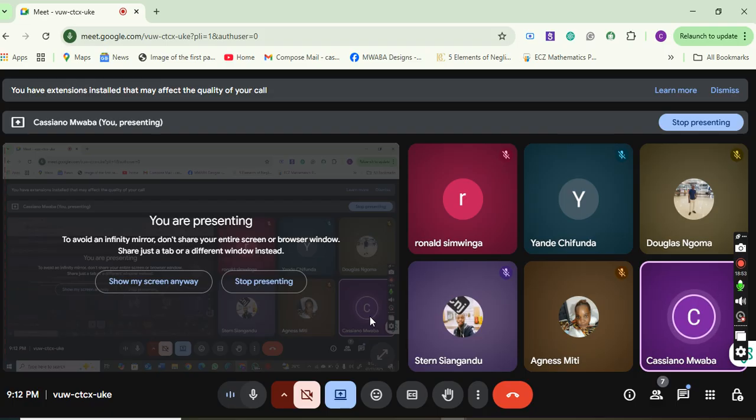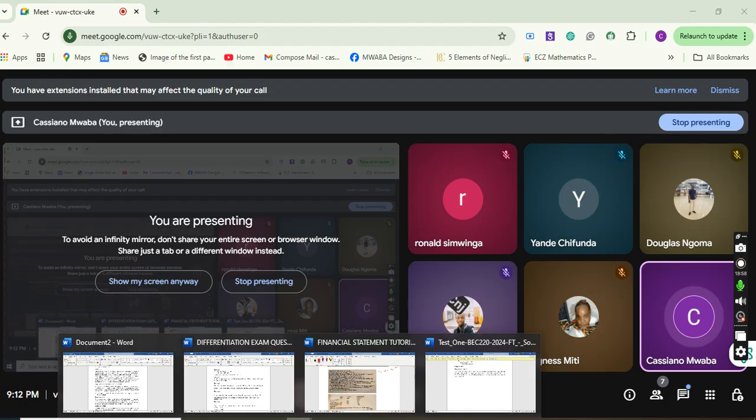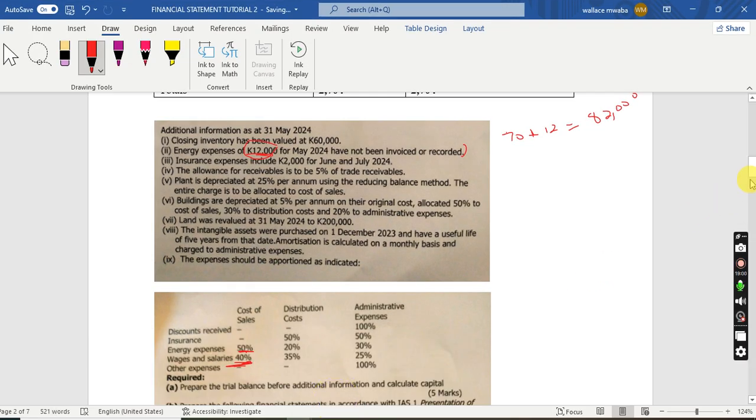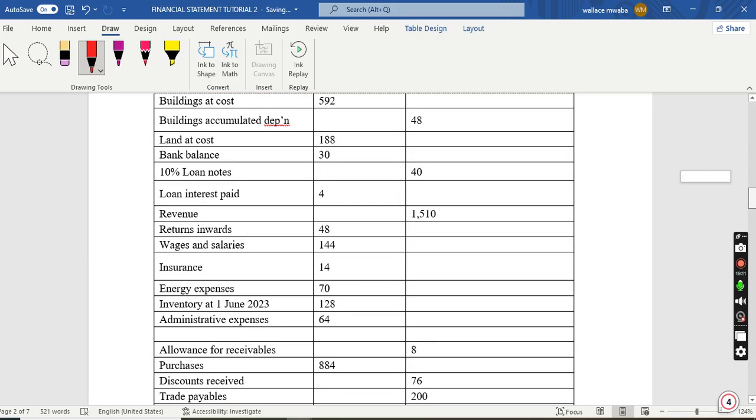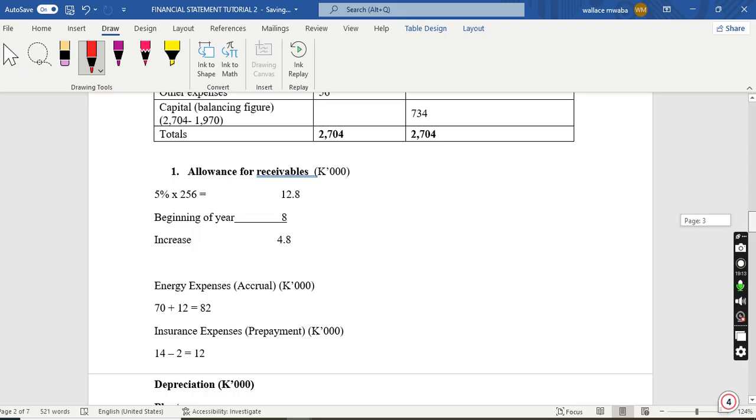That's why it's added back in the cash flow statement. So there are two main ways you get depreciation: the reducing balance method and the other one.